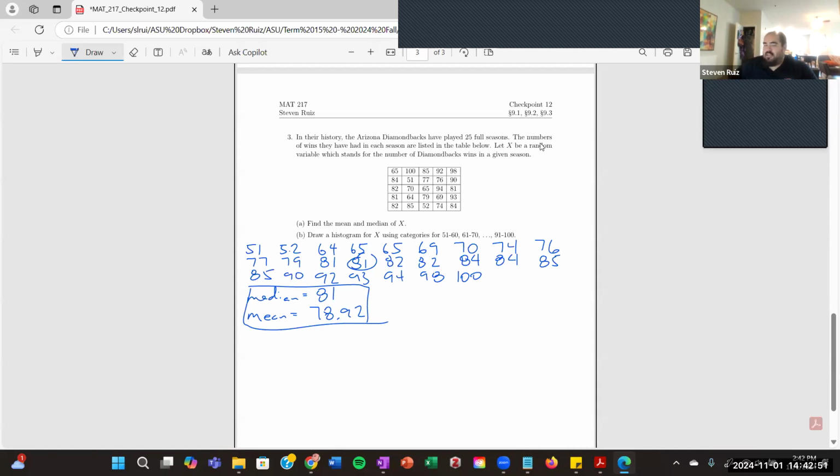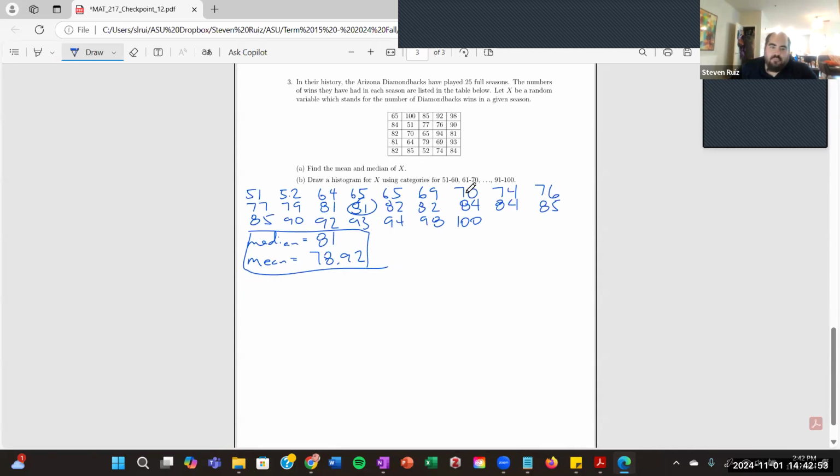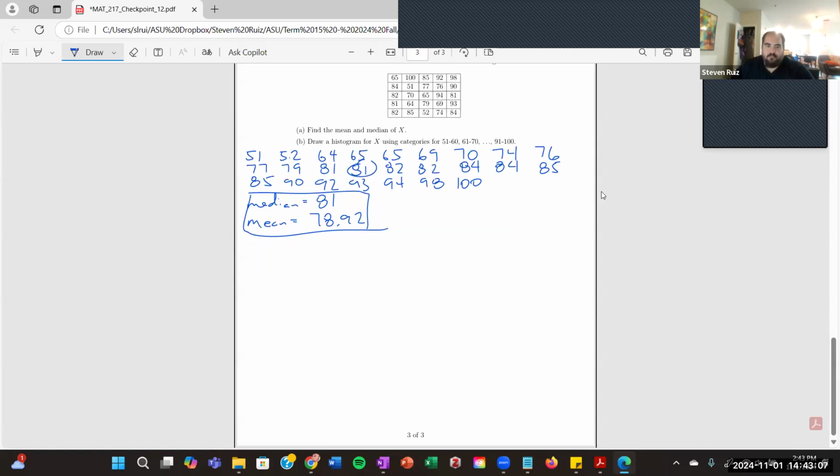And then part B says to draw a histogram of this data. It looks like I want to use basically decades. So 51 to 60, 61 to 70, and so on. So let's go ahead and do that. How many bars am I going to need?